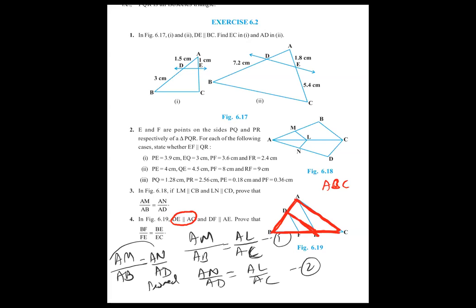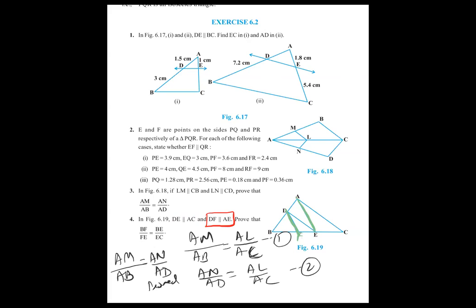Then second, DF is given parallel to AE. Now which triangle? Again write DF to mark it, parallel to AE. Now tell me in the chat box which triangle DF and AE belong to. Yes, Nishant, correct.